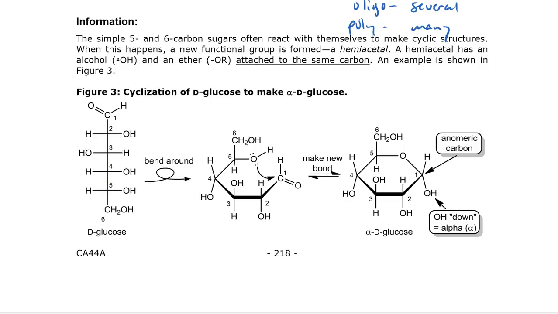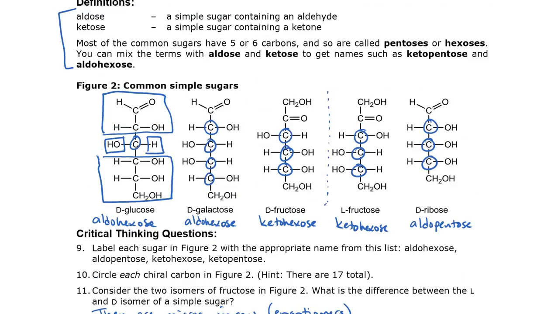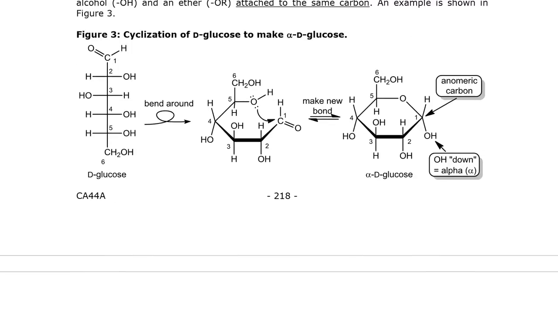So here's an example. D-glucose, just copied down exactly the same as it was right up here. I've numbered the carbons for you. And now this is also D-glucose, but if you had the model, you could see you just bend it around so that carbon number 1 is right here, and you bend it around into a circle. Carbon 2, 3, 4, 5, and then 6 up here at the top.